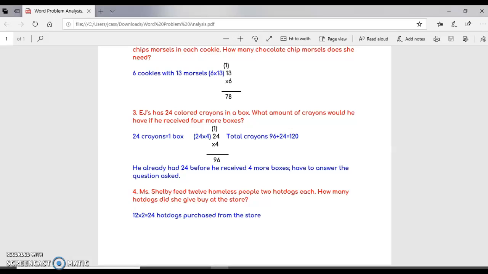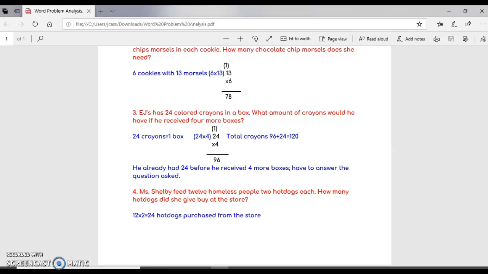So the third question, the fifth grade student told me that there were 24 crayons in one box, and if they bought 4 boxes, that they would have 96 crayons. The fifth grader did not read the question clearly.